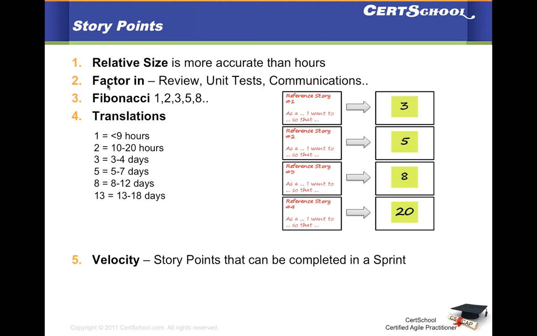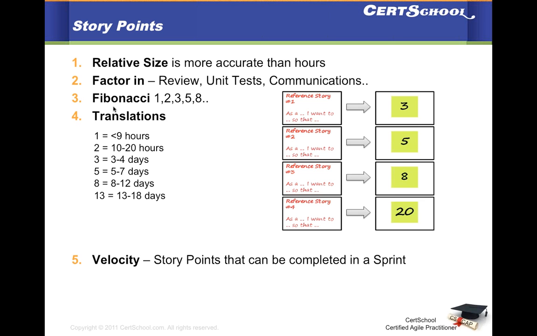Communication: there could be serious coordination or communication needed between the product owner, the team, the QA engineers, and the agile coach. There could also be third party communication that may be needed, which you may not have any control over. Those are the kinds of things that we want to factor in when we are doing those estimates.